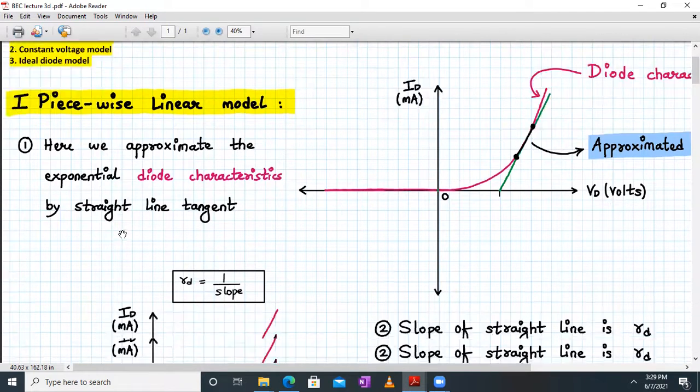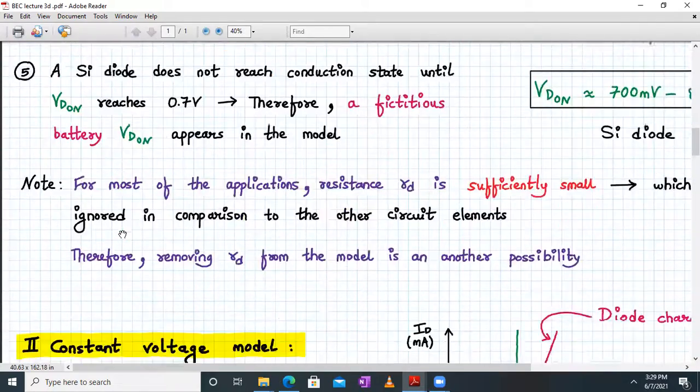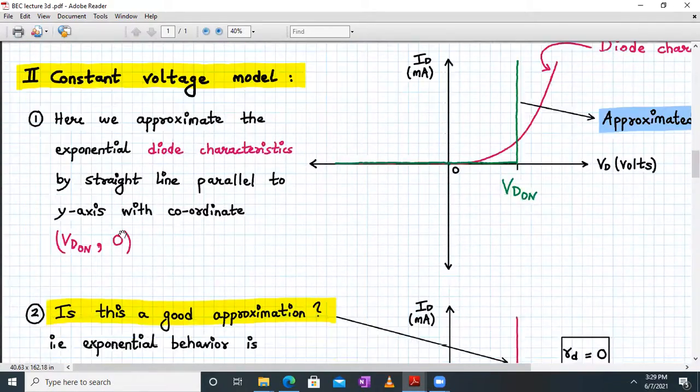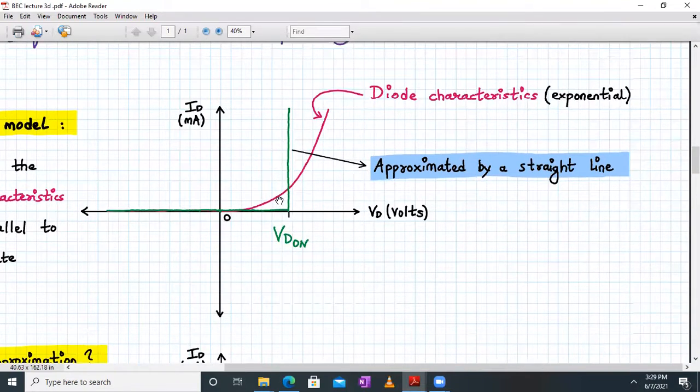Okay, so let us discuss the next one now. The next is the constant voltage model. Earlier, we approximated after VD-on. Whenever the voltage across the diode exceeds VD-on, the turn-on voltage, only then does the current start flowing. In the earlier model, we approximated it by a straight line with a slope.